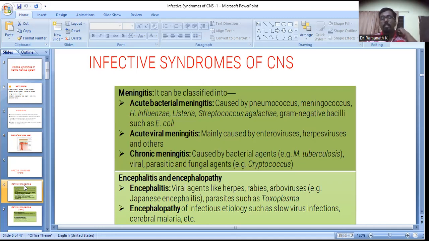But when coming to encephalopathy, it is not an infection. There is no inflammation as such, but it is mainly produced by slow virus infections like Kuru or Creutzfeldt-Jakob disease. Even malaria of the central nervous system, that is cerebral malaria, can also produce encephalopathy.